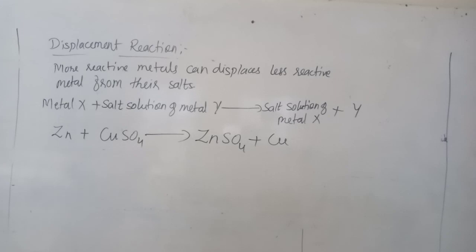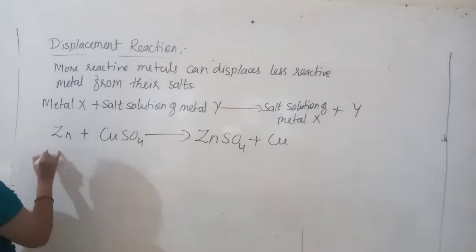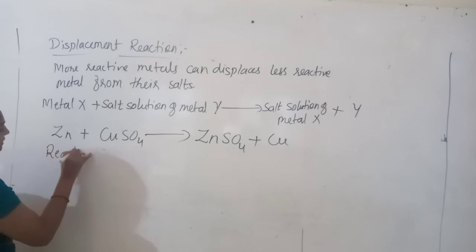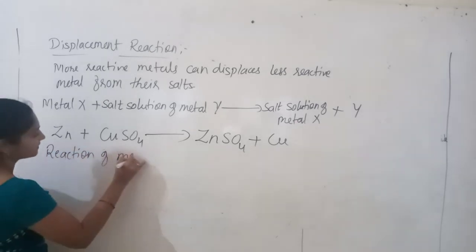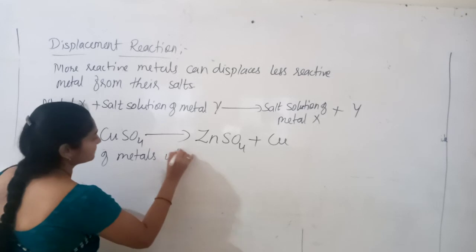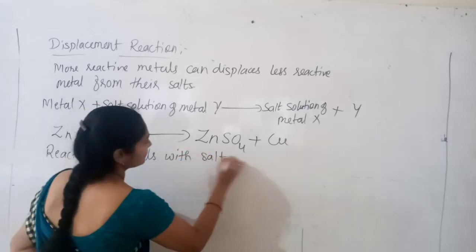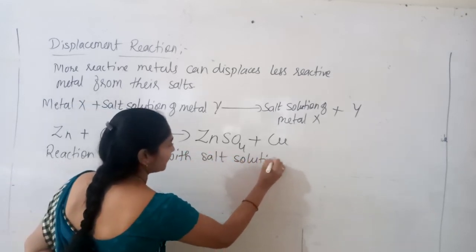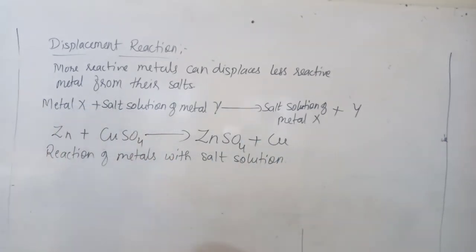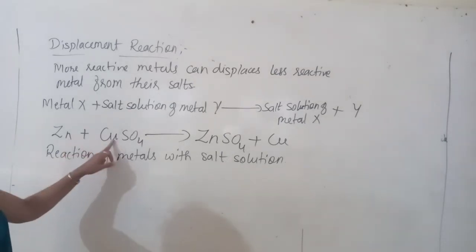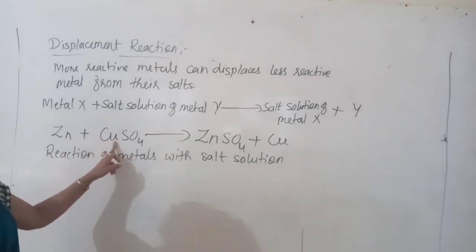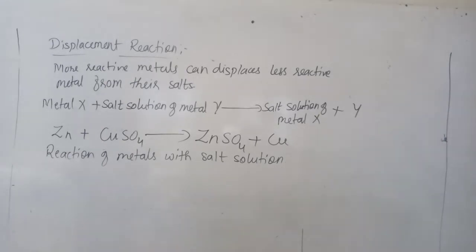This type of reaction is called a displacement reaction, or the reaction of metals with salt solution. When a metal reacts with a salt solution, the more reactive metal displaces the less reactive metal from the salt solution.